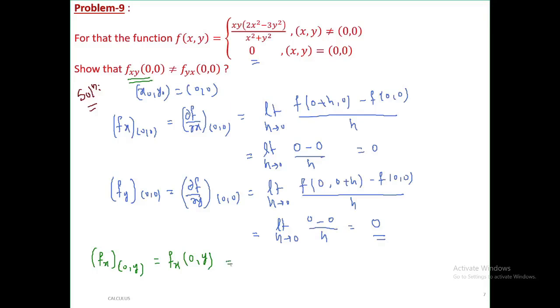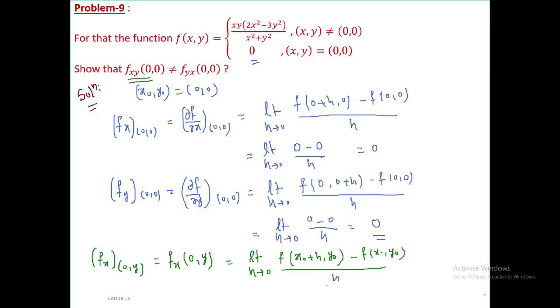So again by using definition, what is this? Limit h tends to 0, f of variation in x. So x naught plus h, right? So let me write that. Then I will substitute x naught plus h comma y naught, minus f of x naught y naught, upon h.